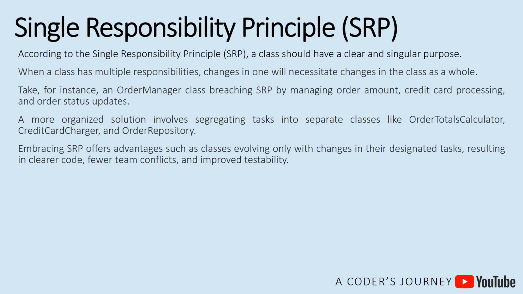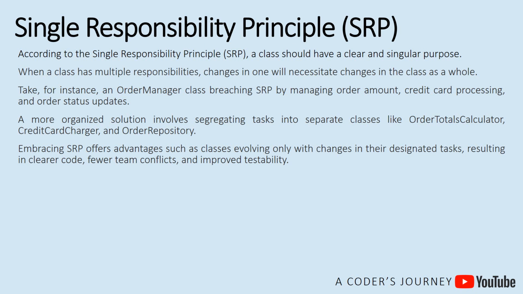Now, embracing SRP offers advantages. You might ask yourself, okay, I know what SRP is all about, so if I stick to it, what will be some of the benefits? First off, the problem that violating SRP causes is that, as I told you, when you want to make a change to a class, you will probably need to make adjustments to different parts of the class as well.